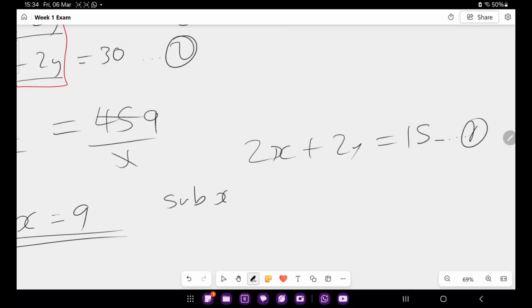So sub, short for substitute, x into equation 1. So that means it will look like 2, open bracket, 9, close bracket, plus 2y is equal to 15.